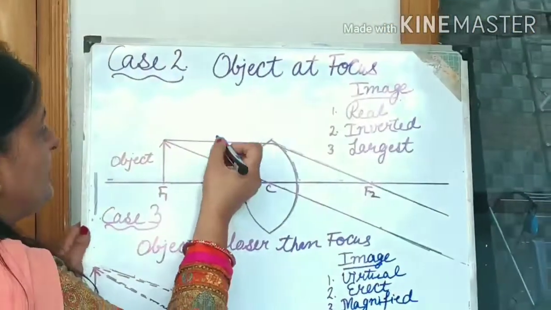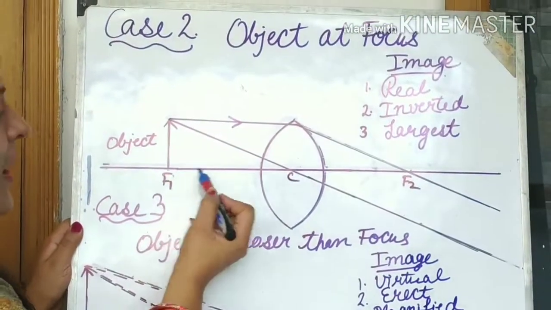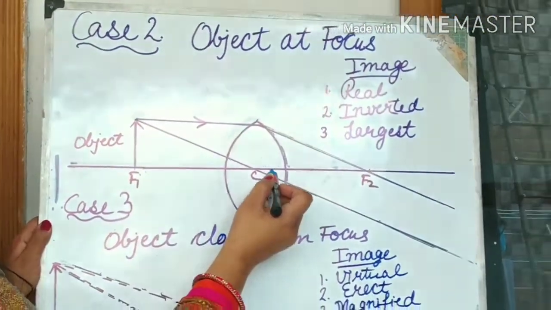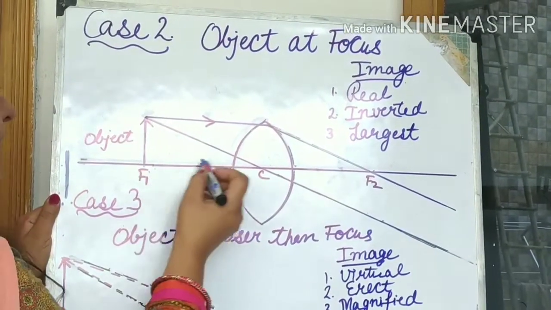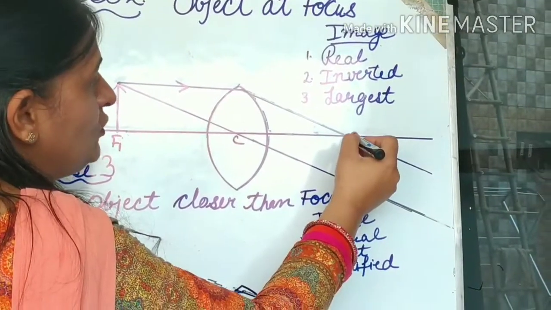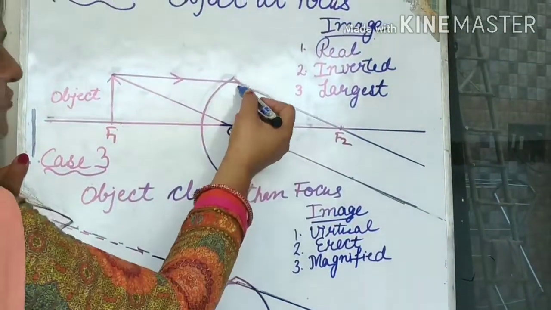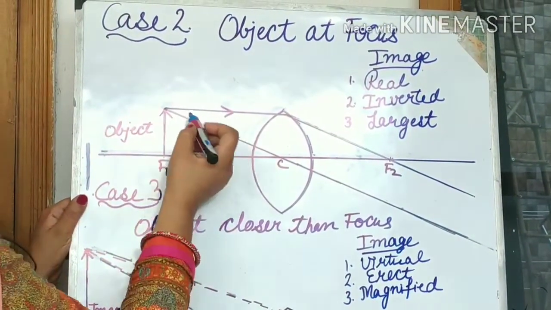First, this is the incident ray, which is parallel to the principal axis. I have told you many times that a ray which is parallel to the principal axis passes through the focus. Now this is another focus. Now this ray will pass through the focus. Now take another incident ray.